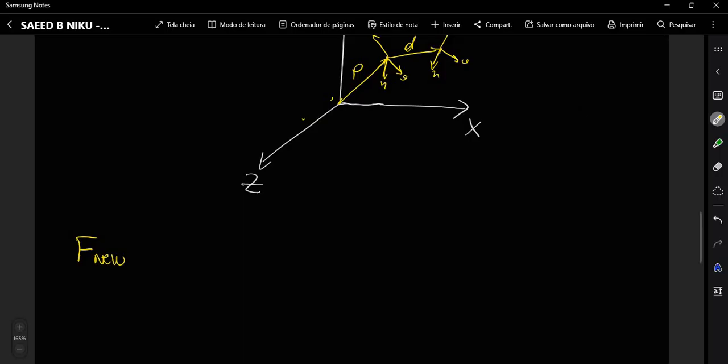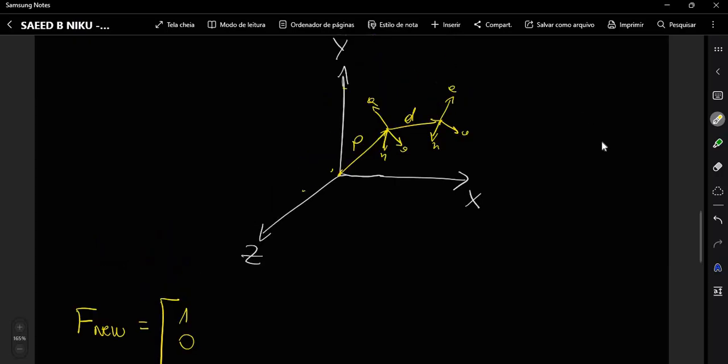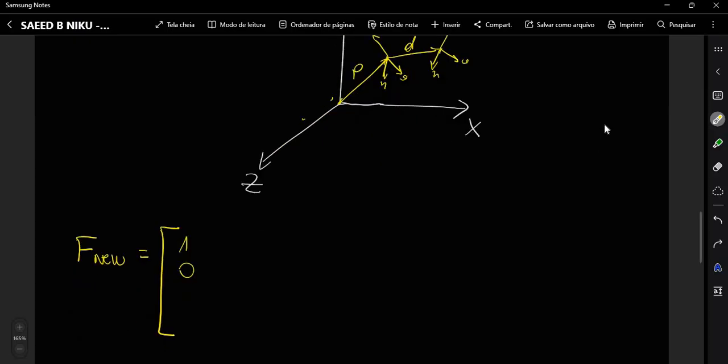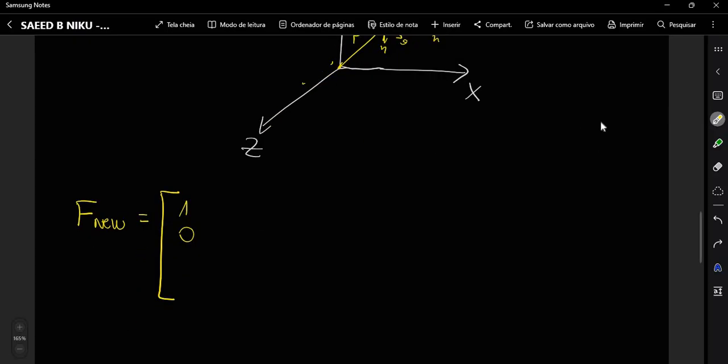The new one is going to be the first, which is this vector, which is the values of the initial position and orientation, and that is the matrix representing a pure translation.